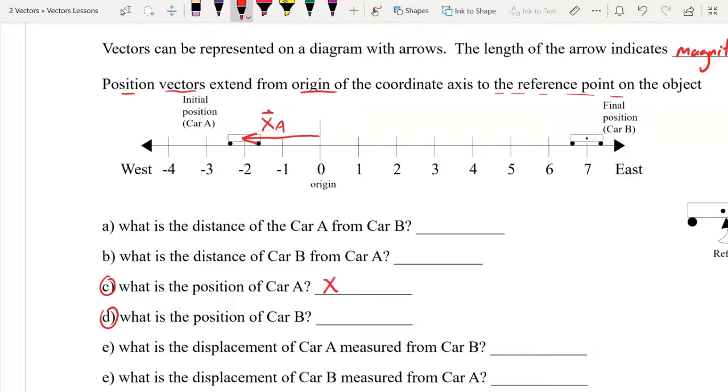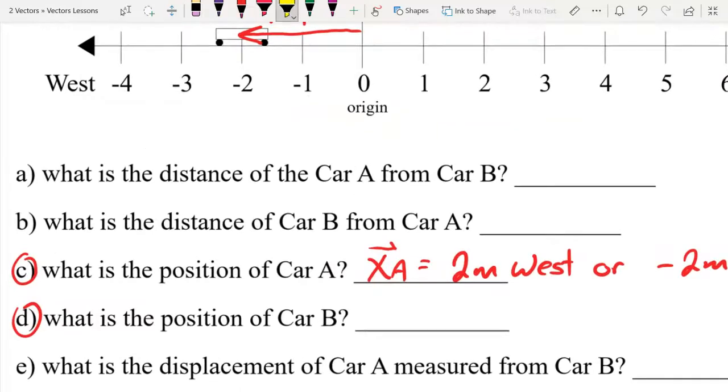Notice that x of A equals 2 meters west, or negative 2 meters east. Both are acceptable. You might wonder, what is this funny symbol that I drew over the x?